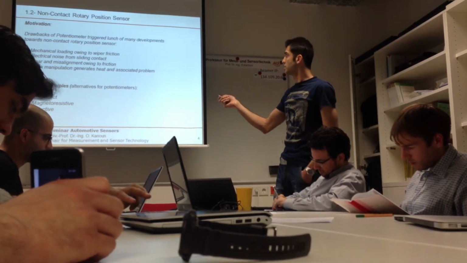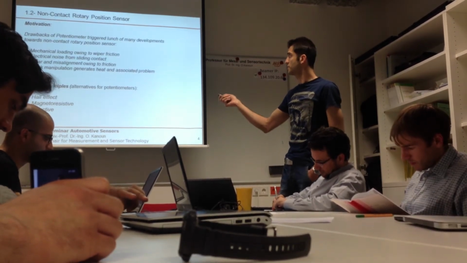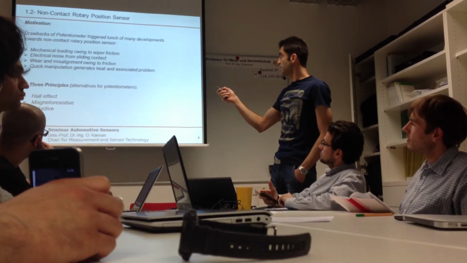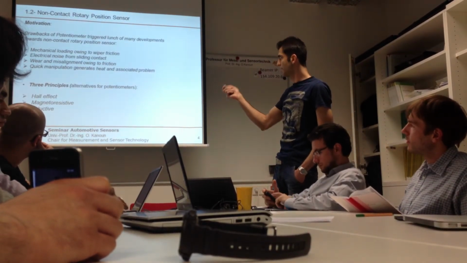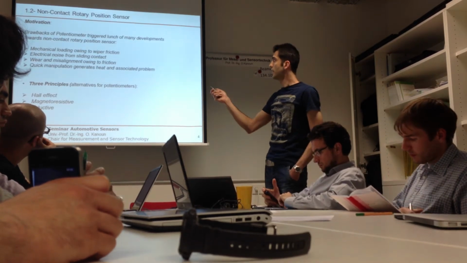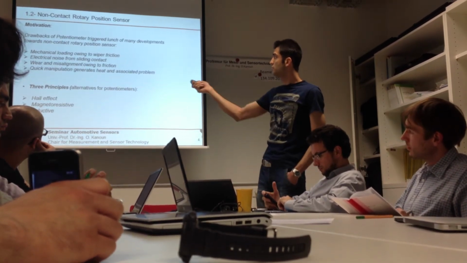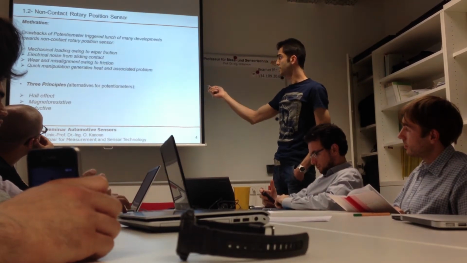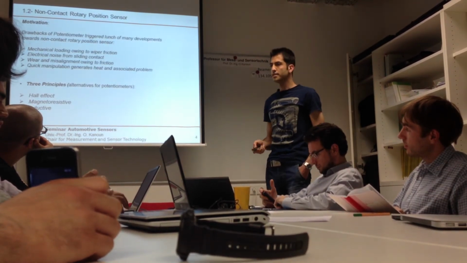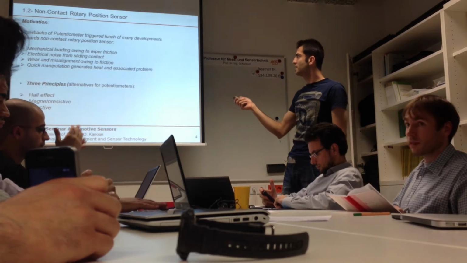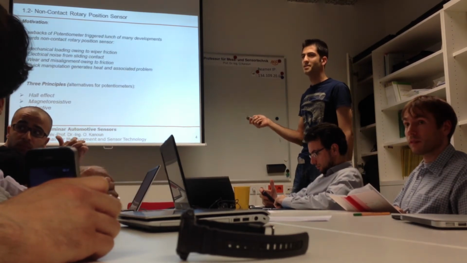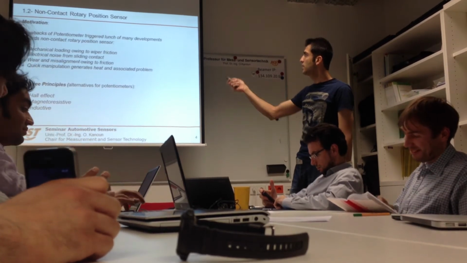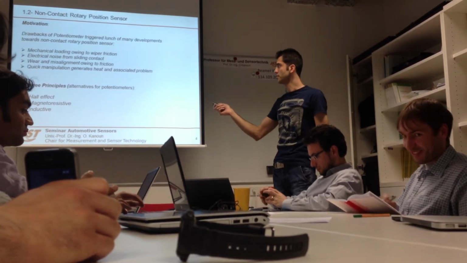Because there is contact in a contact rotary position sensor, friction will be created, and that will lead to mechanical loading, electrical noise, wear, misalignment, and such problems. Such problems can be avoided with non-contact rotary position sensors.